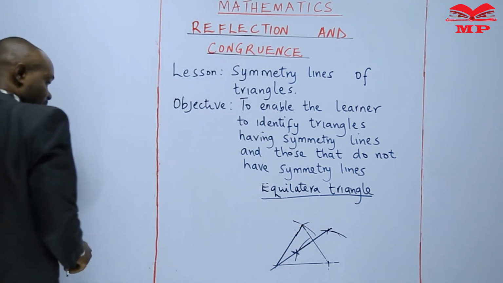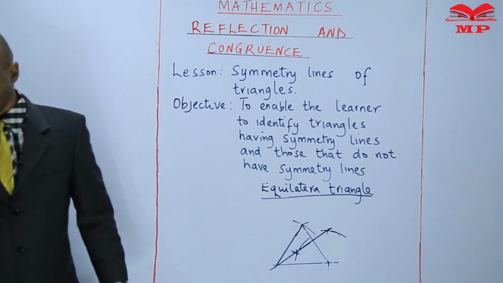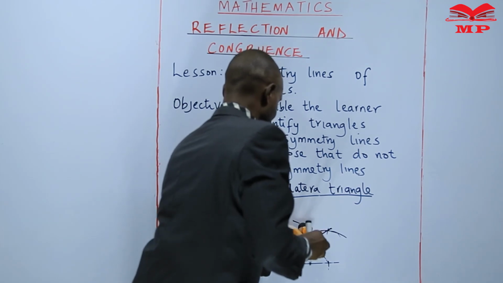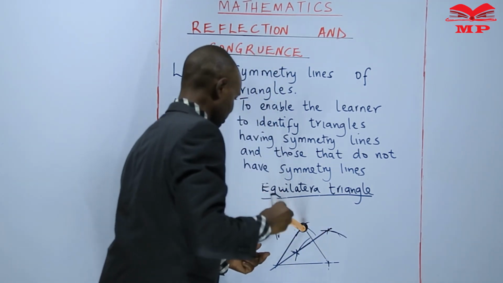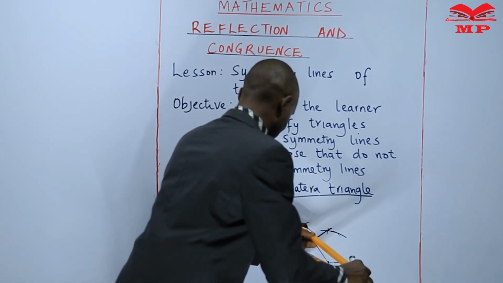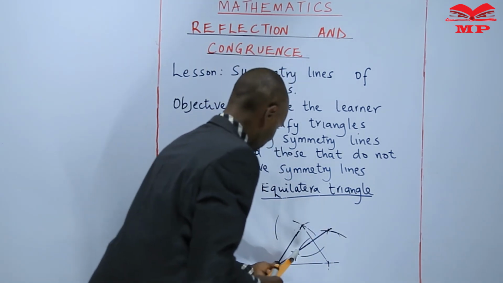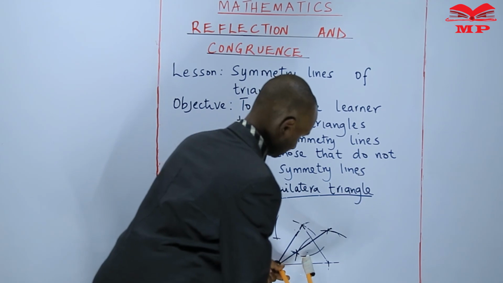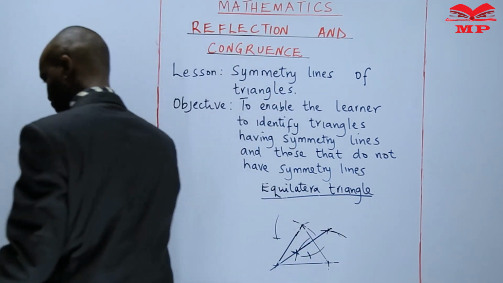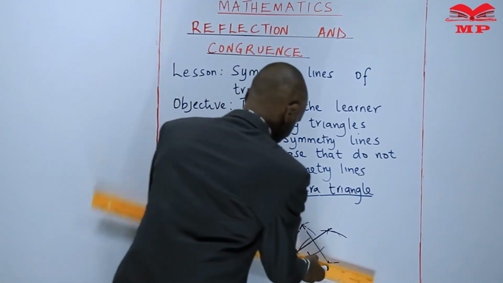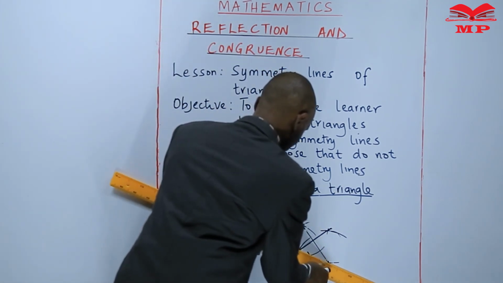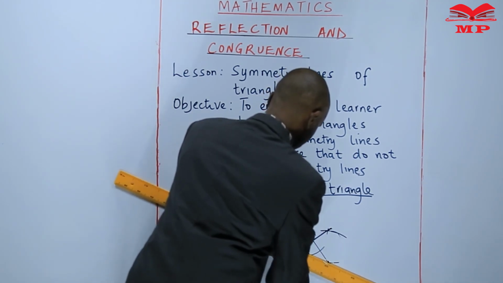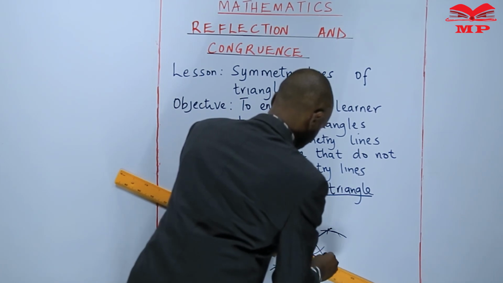You'll also bisect another pair. I can bisect this one. So join the two.